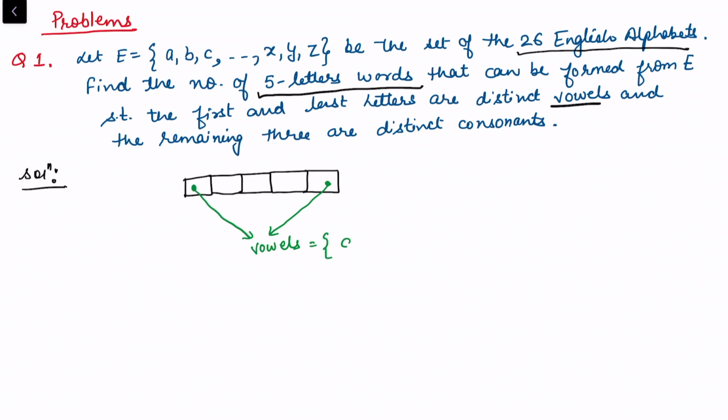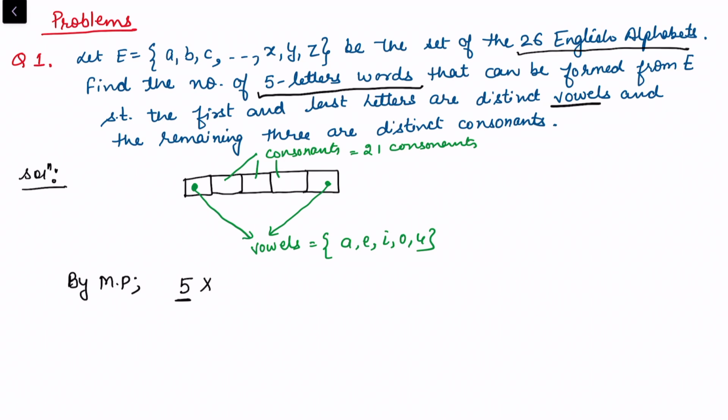We know there are only 5 vowels: A, E, I, O, U. The remaining 3 should be filled by consonants, which also have to be different, and we know there are 21 consonants in the English alphabet. Now for the first box there are 5 choices, looking at this by the multiplication principle, since there are 5 vowels. And in the last box there are 4 vowels available, because we need to keep them distinct.